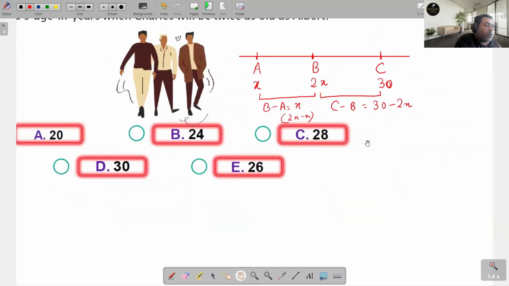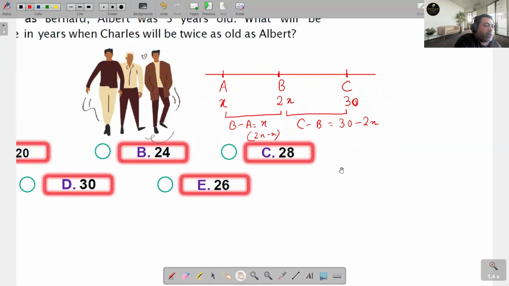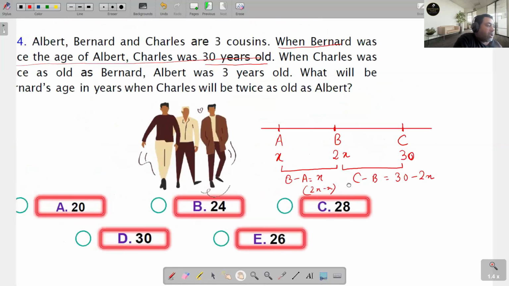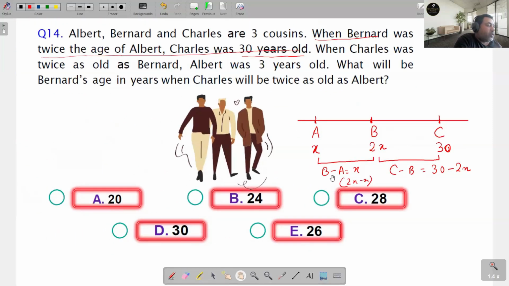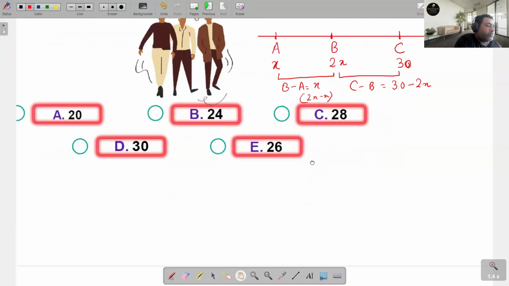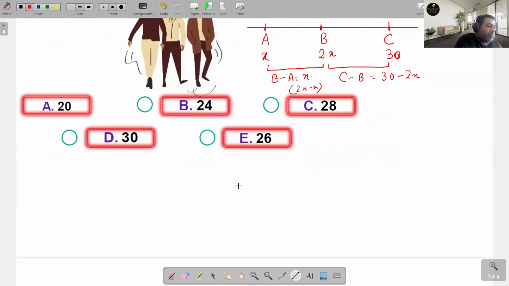Now, the second condition: when Charles was twice as old as Bernard, Albert was 3 years old. Let's take another number line here and understand this. Take that as the basis. So Albert's age here is 3. What will be Bernard's age using this equation?